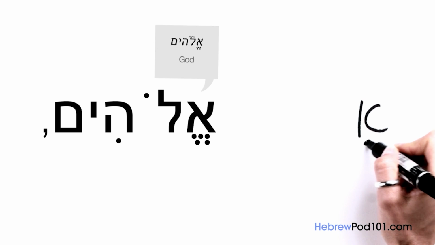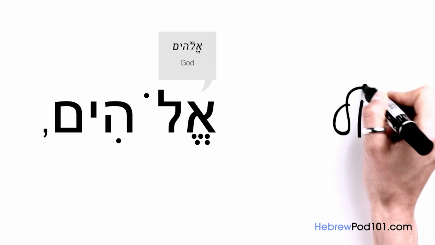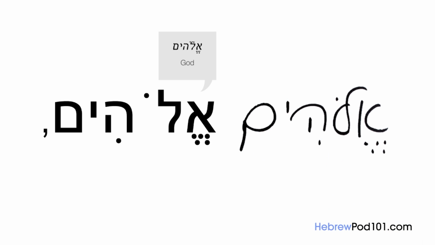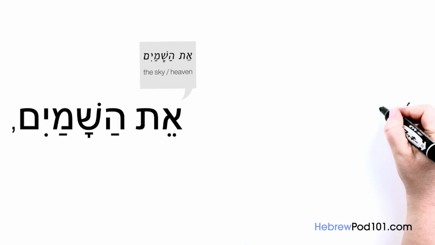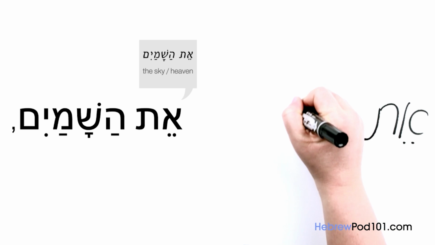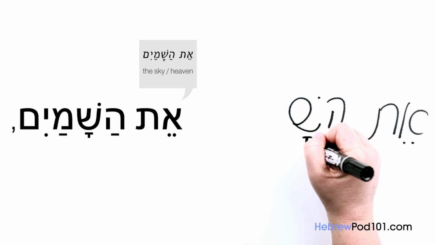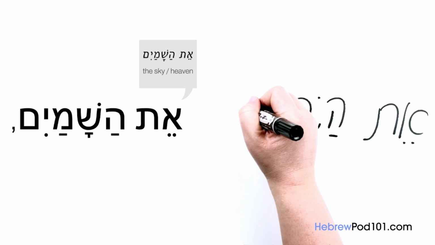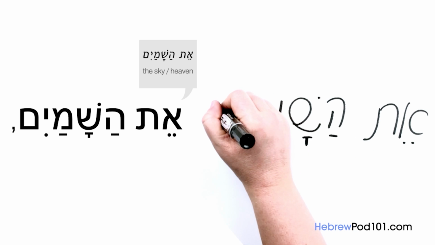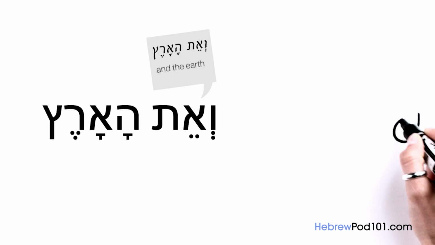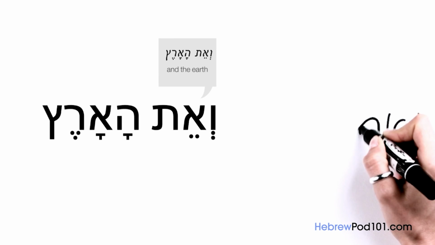Elohim, God. Et hashamayim, the sky or heaven. Ve'et haaretz, and the earth.